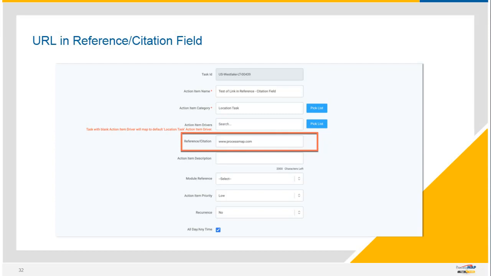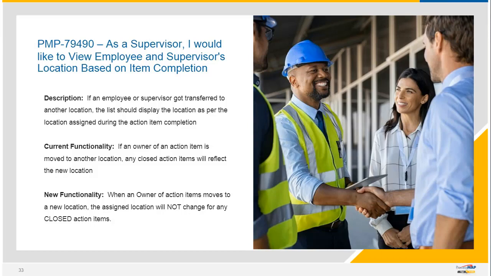You can also display the reference and citation field on your list screen, and when that link is on the list screen, it will also be clickable to go to another web page.